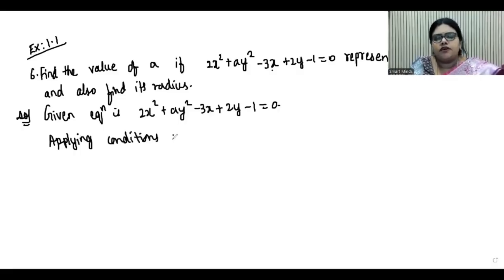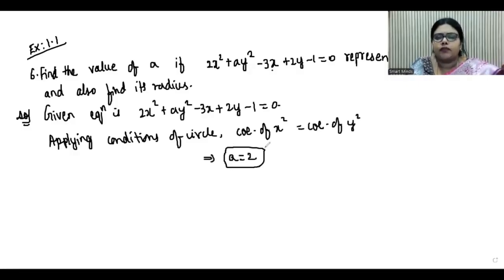What is the first condition of circle? Coefficient of x square is equal to coefficient of y square. So with this you get a value, a is equal to 2. Now if you substitute a is equal to 2 in the given equation, what do you get?